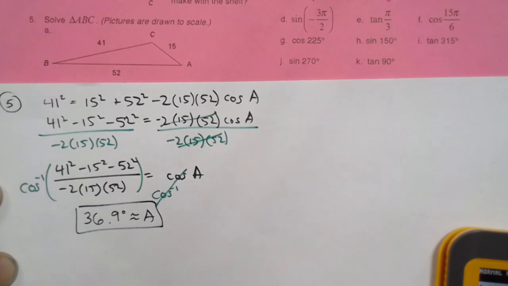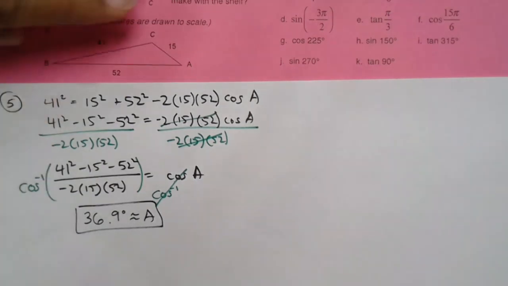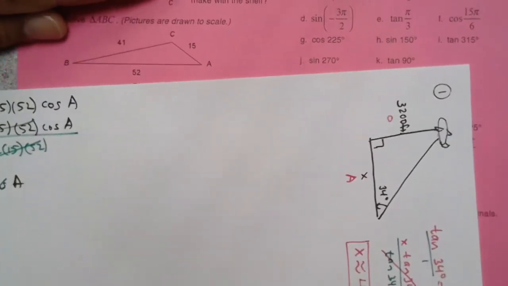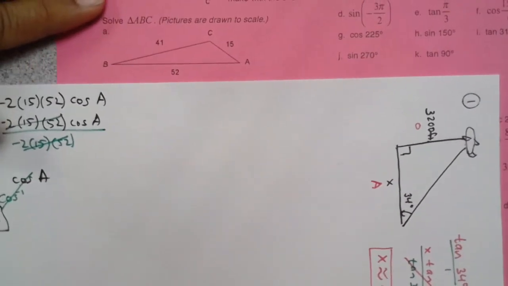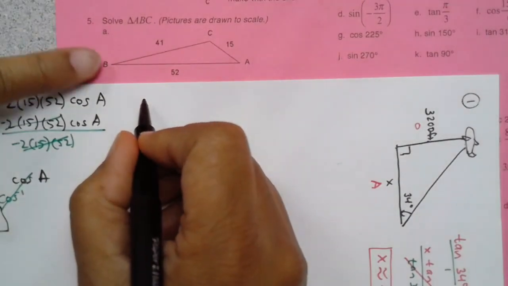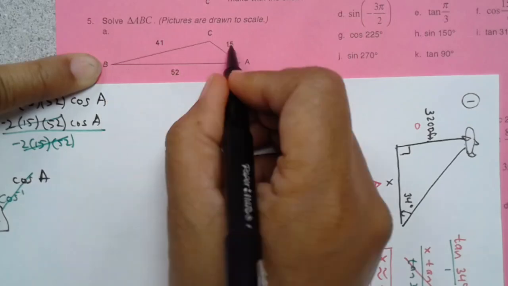All right, and then you could pick another one of these angles to solve for. So I'm going to go ahead and solve for, I don't know, angle B. If I solve for angle B, I start with side B, which is across from it.